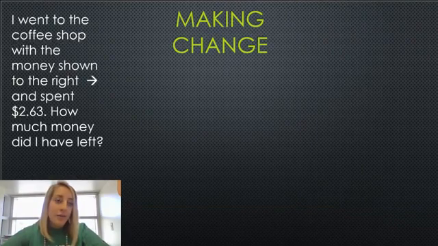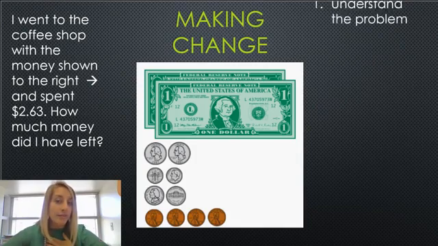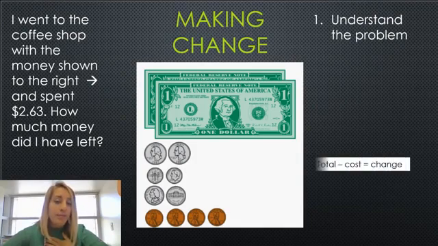All right, let's start with our first example. I went to the coffee shop with the money shown to the right and spent $2.63. How much money did I have left? Step 1. Understand the problem. This problem is giving me a total, that's this money right here.